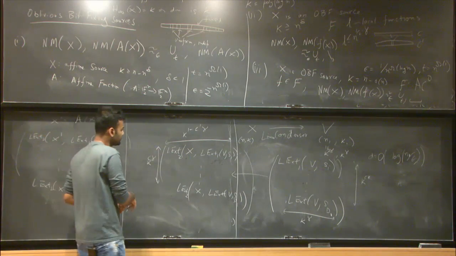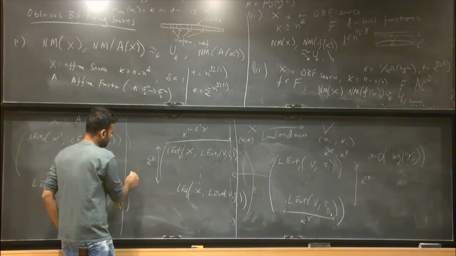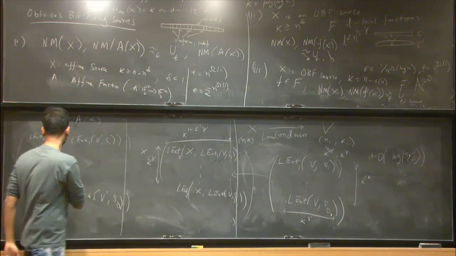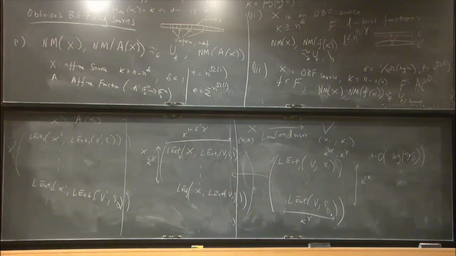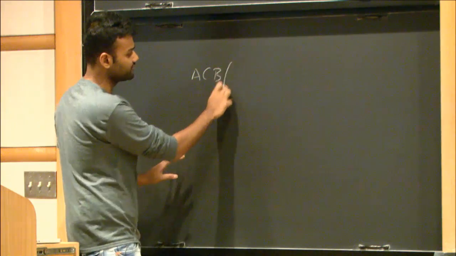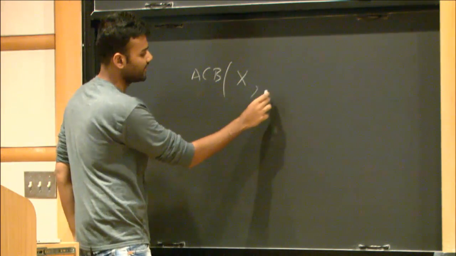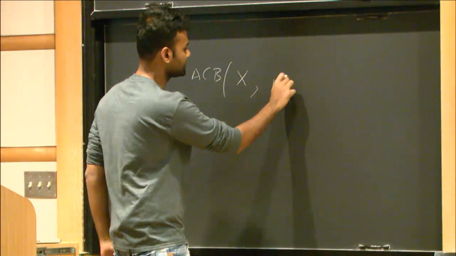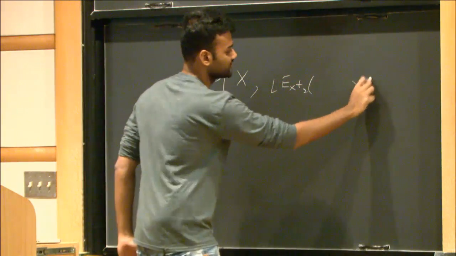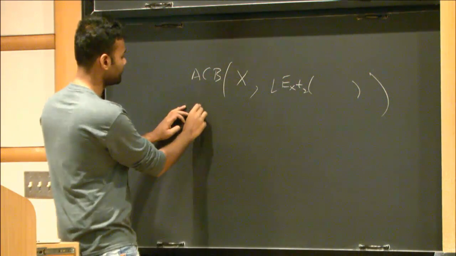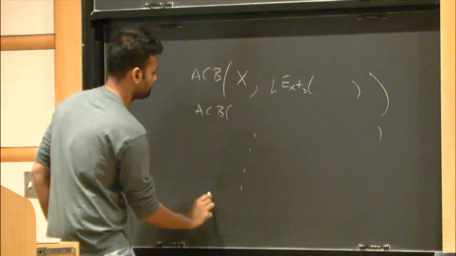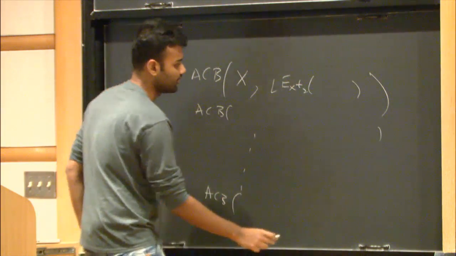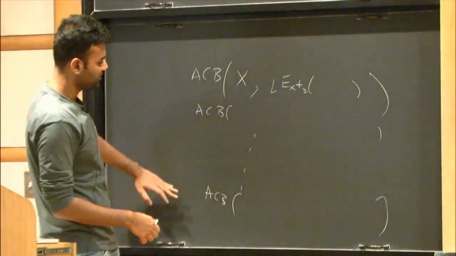Suppose there is a way of taking x here, and similarly x prime here, and applying some correlation breaker of x and L ext 2 of all this long thing. Similarly, you do it for all the rows.